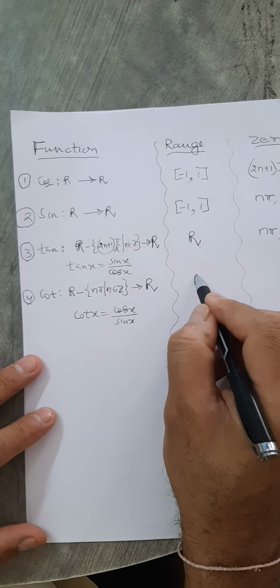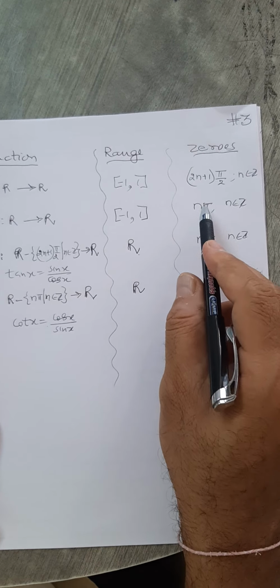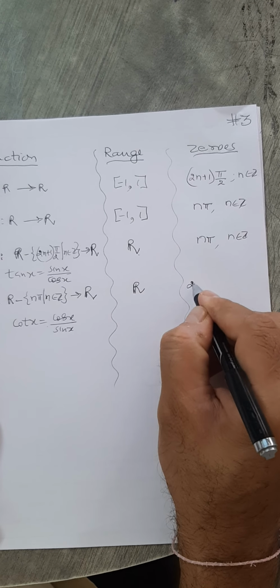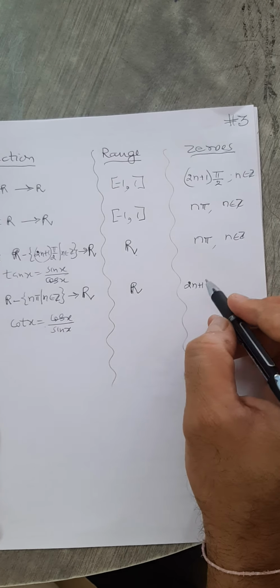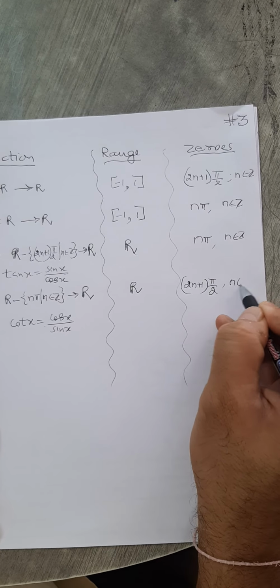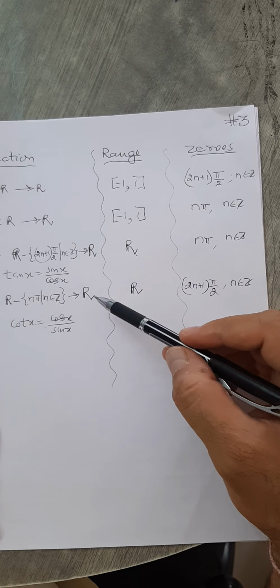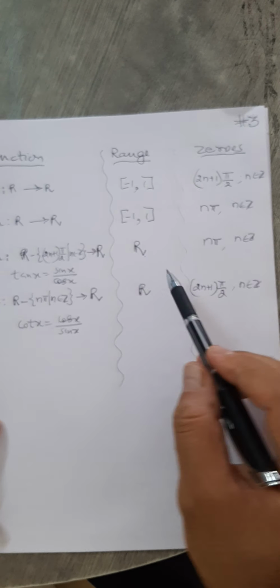Range, all real numbers. And here, zeros of cot function is same as cos function. So it is 2n plus 1 pi by 2, where n belongs to Z. Zeros of cot and cos are same. Zeros of sine and tan are same.